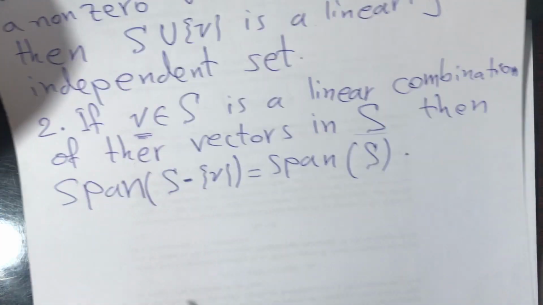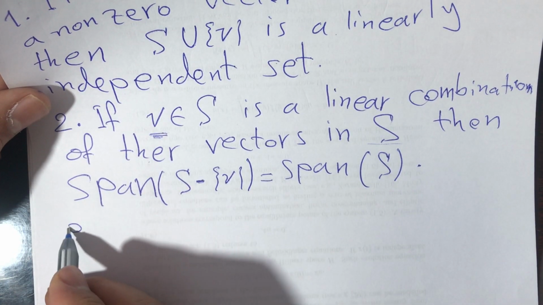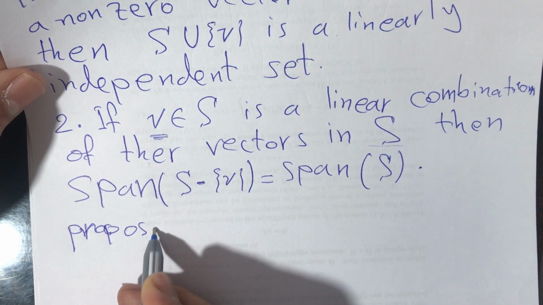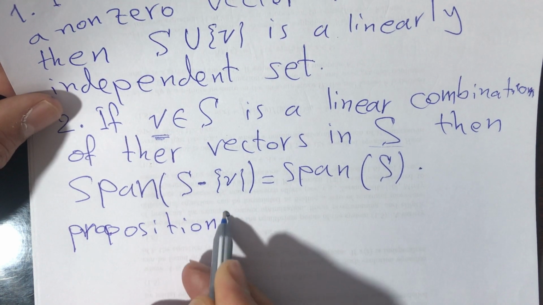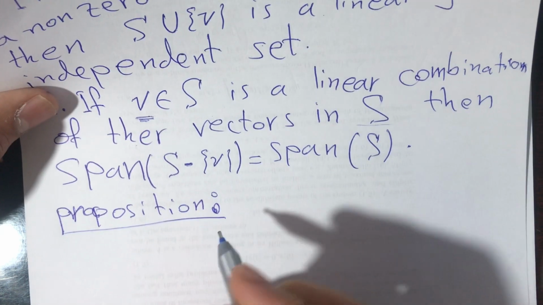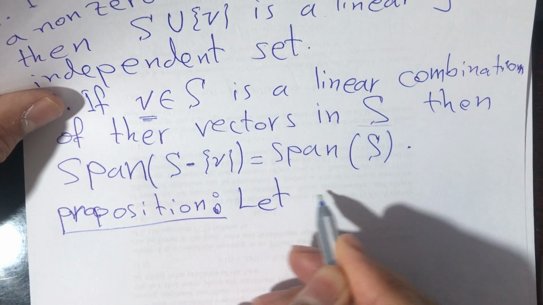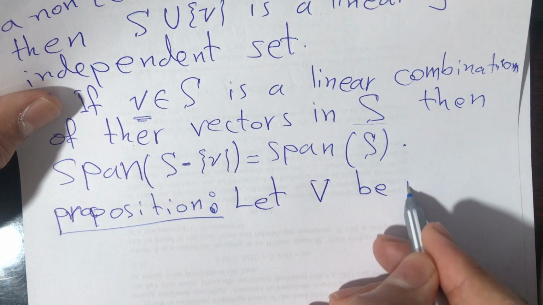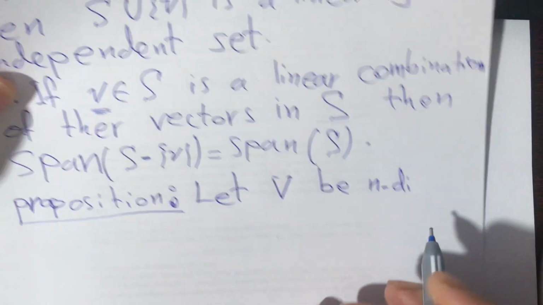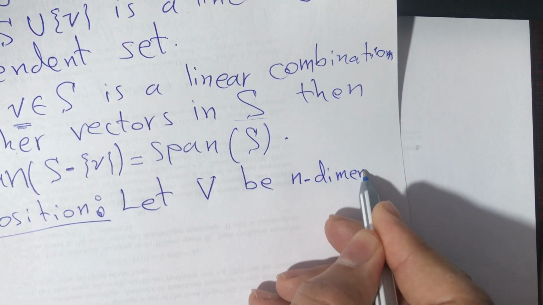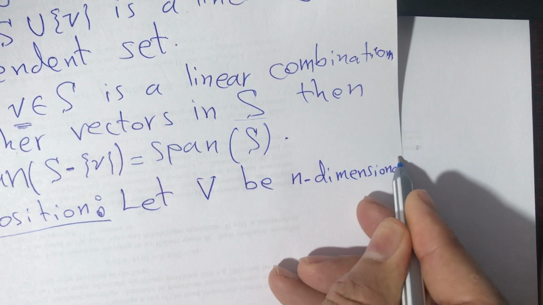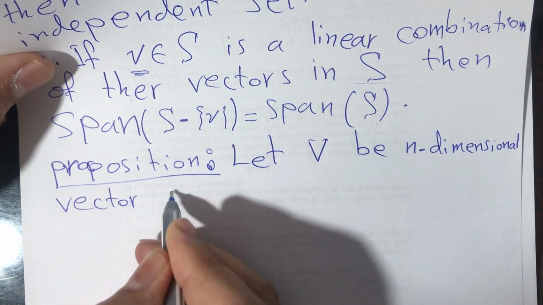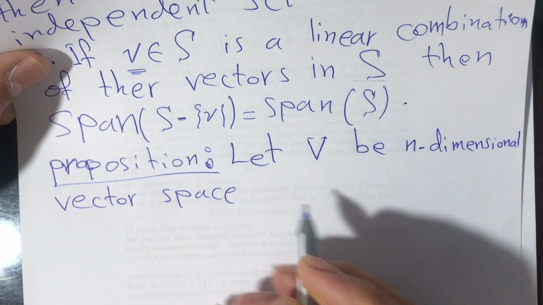And now this is a proposition. This is also one to prove. Let V be an n-dimensional vector space with dimension n.